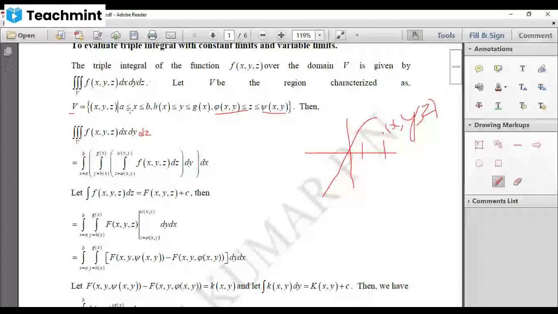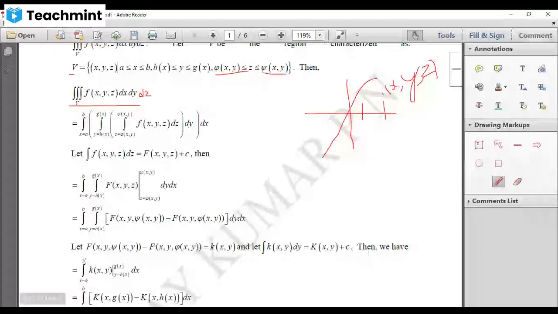So if you integrate x first, then y and z will remain in your answer. But we know that the triple integral gives you the volume of a function defined over that region.